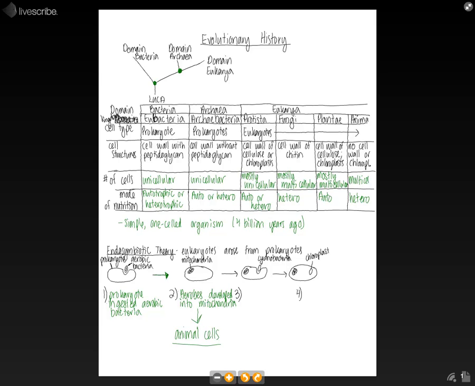And then if we want to go further to see how the rest of our eukaryotes developed, now that we have this mitochondria, now that prokaryote ingested a cyanobacteria.